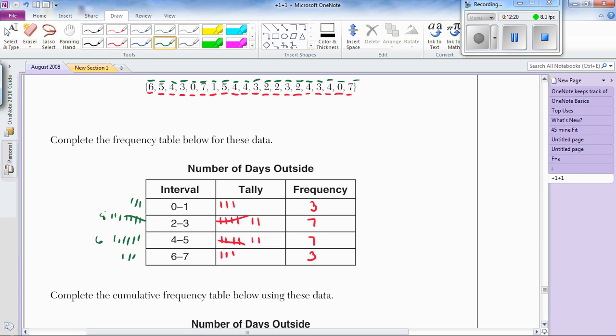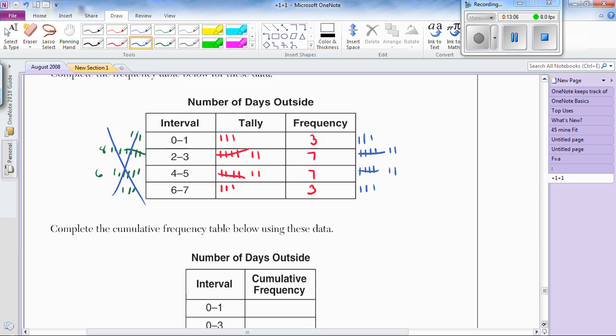In this case I got 6 and I got 8. Alright, so I'll screw it up, grab a third color. 6, 5, 4, 3 and 0, 7 and 1, 5 and 4, 4 and 3, 2, 2, 3, 2, 2, 3, 2, 4, 3, 4, 0, 7. Alright, so this was crap. This is correct. So I did it right the first time.